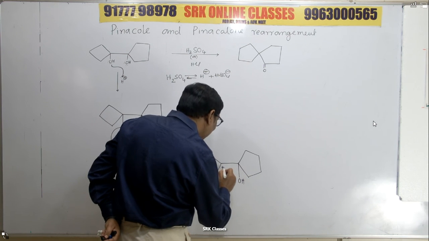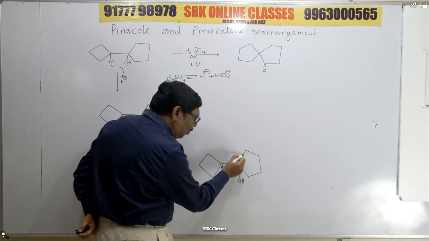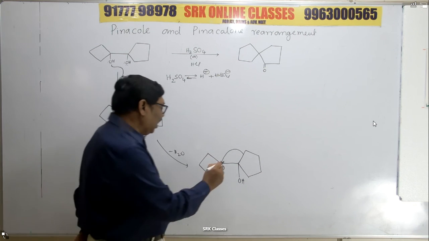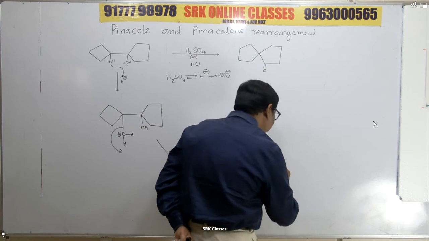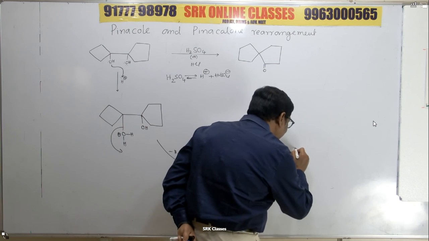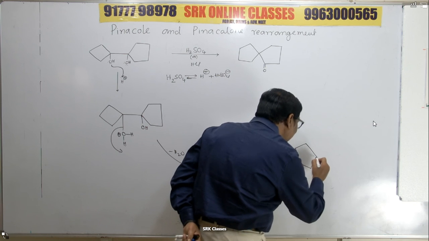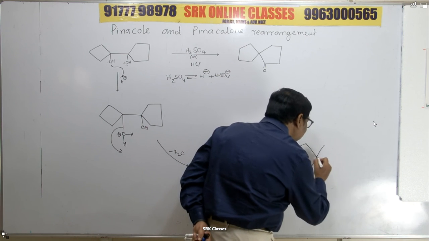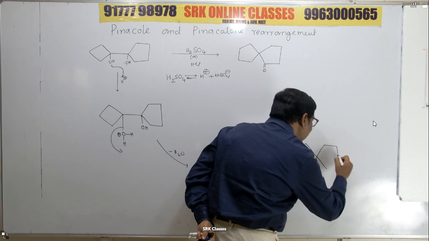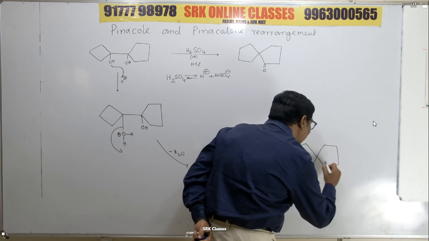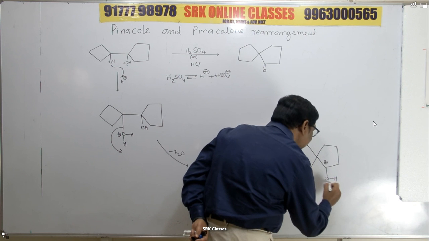Now here the carbocation is forming. Opposite to the carbocation, the electrons are approaching. So that becomes a 5 and 5-membered ring. This is a 5-membered ring, this is also a 5-membered ring. And here the carbocation is forming.